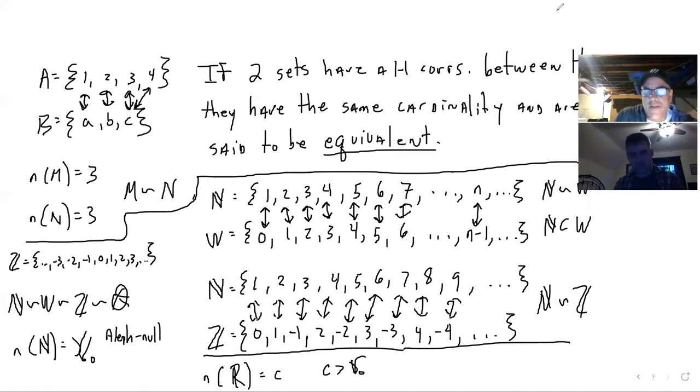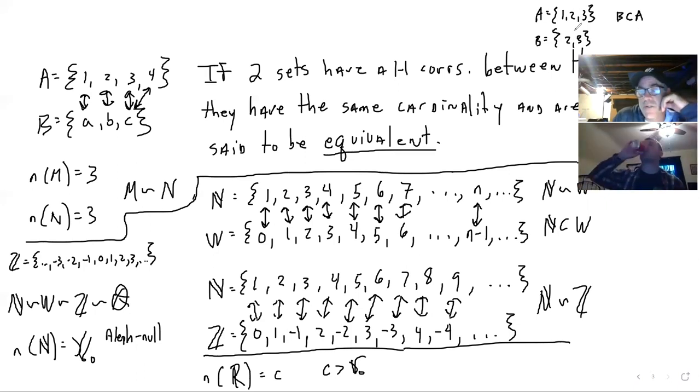If I have the set 1, 2, 3, and the set 2, 3, this set right here we'll call B, and we'll call this A. B is a proper subset of A, but there's definitely not a one-to-one correspondence between them.